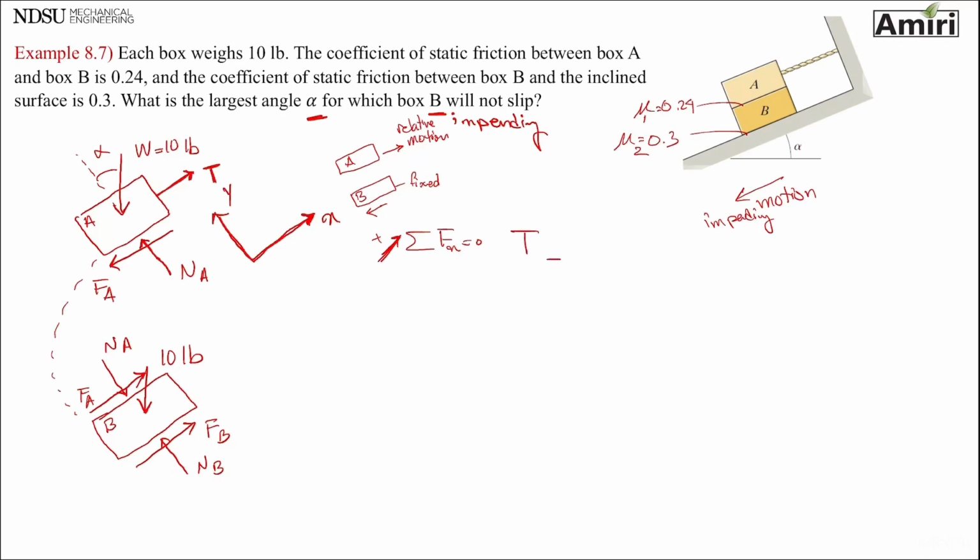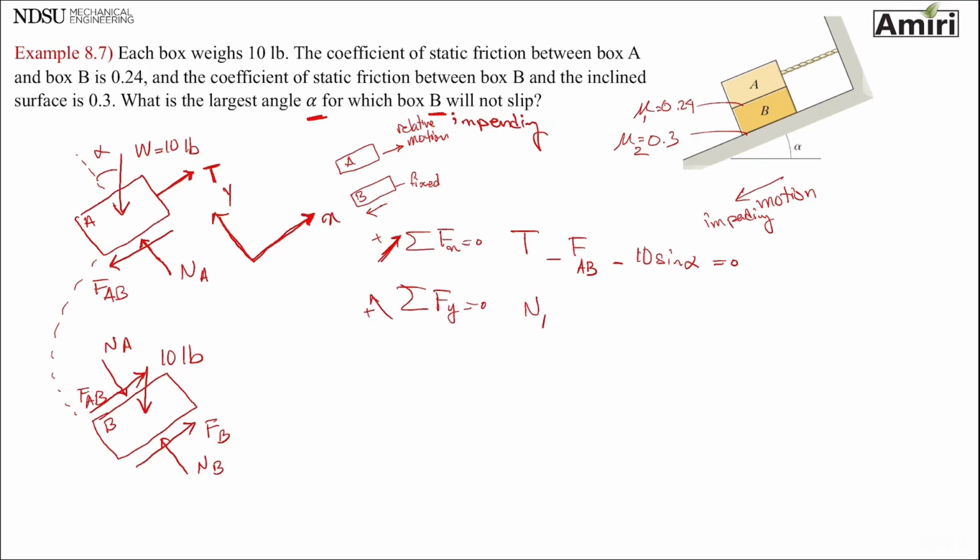Then I have T minus FAB. What did I call AB? Oh, okay, it's right there. Yeah, could have just called it A. That's fine. Minus the x component of that weight, 10 sine alpha, equals 0. Summation of forces in y equals 0, this way being positive.